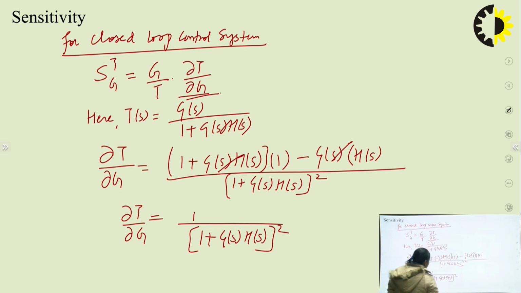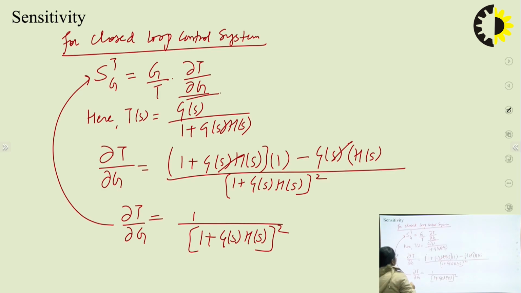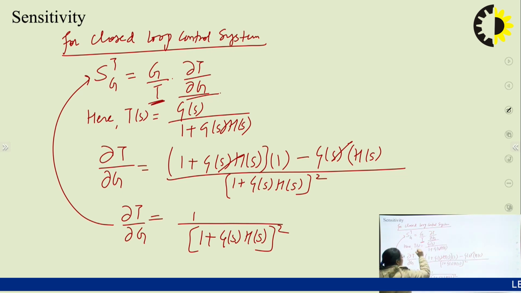Okay, now I can put this value in this equation. So S^T_G will be equal to G upon T, and I can put the value of T from this equation as well.